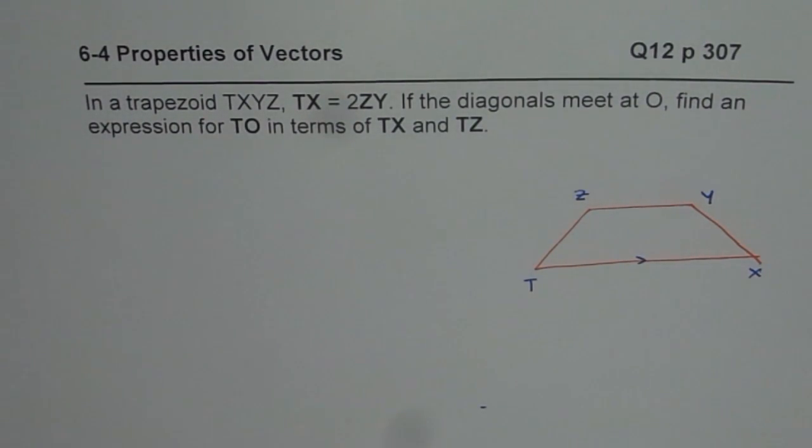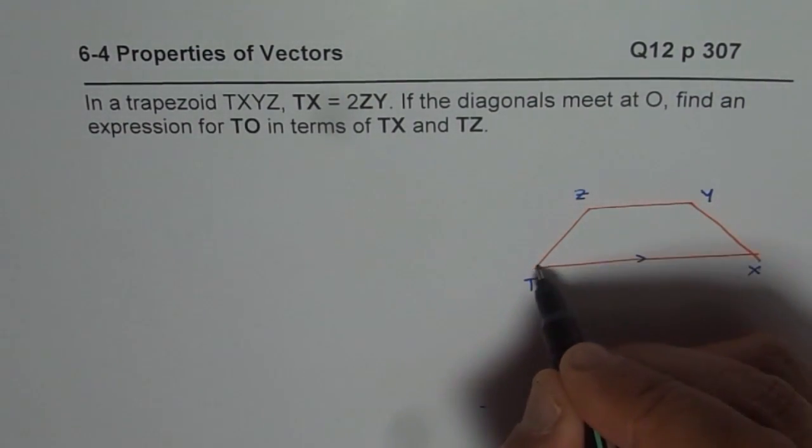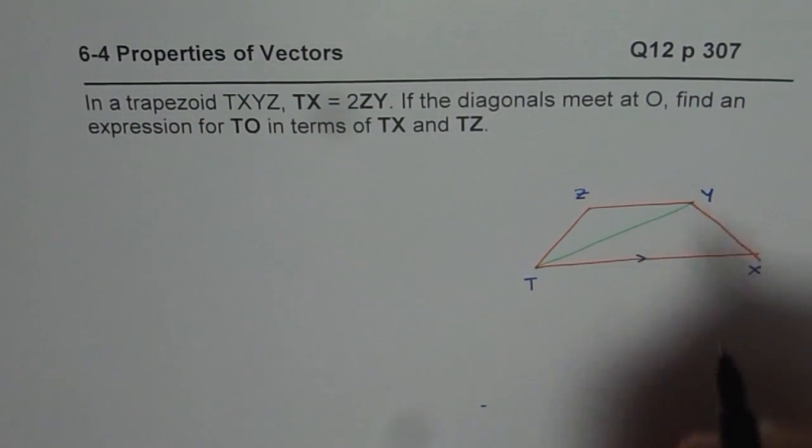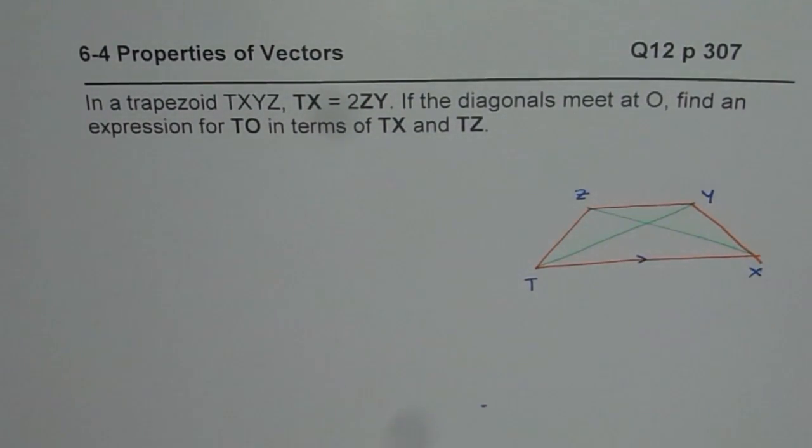Now the question here is, if the diagonals meet at O, that means if we connect these 2 points and the other diagonal here, then they meet at a point somewhere in between.